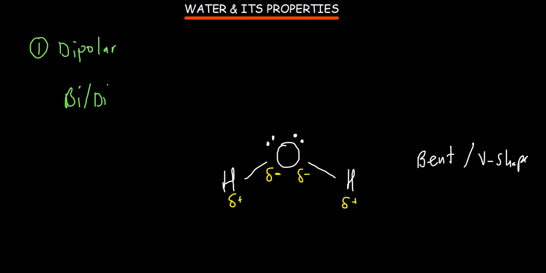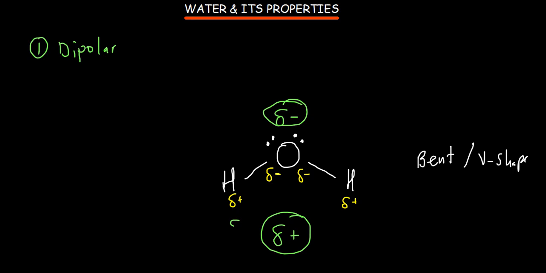So water is dipolar. The meaning of that is it has got the negative end, which is basically the oxygen, and then it has got the positive end, which are the hydrogens. That's the meaning of water being bipolar or dipolar, and the explanation is the one that we've given here.